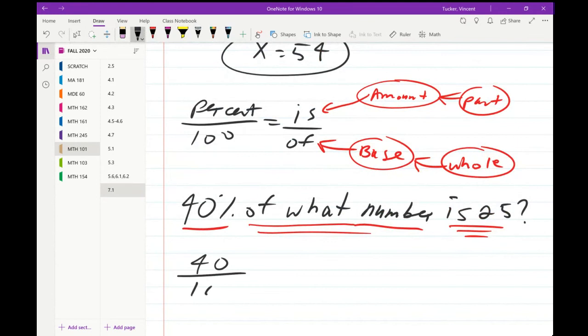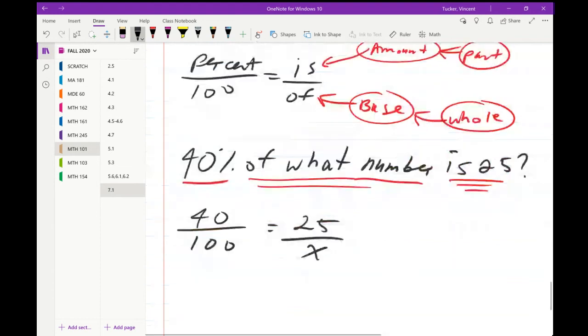That's 40 over 100, 25 over x. Questions on the setup? Cross multiply.